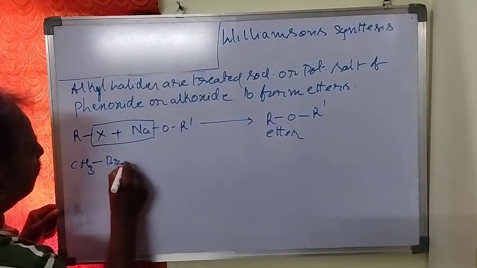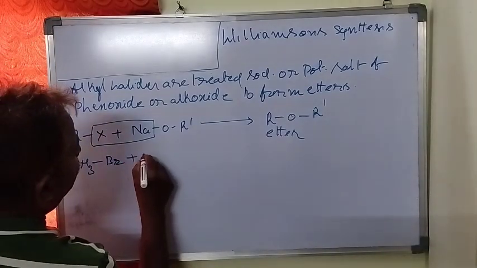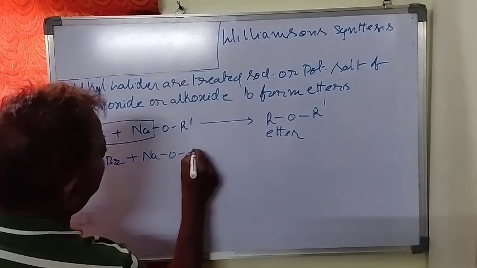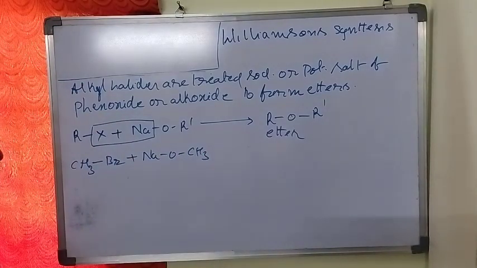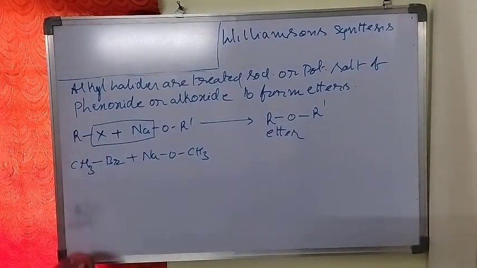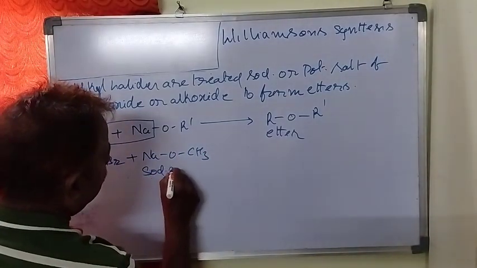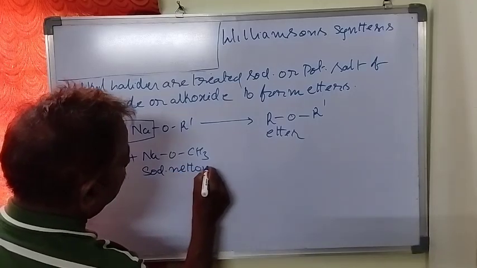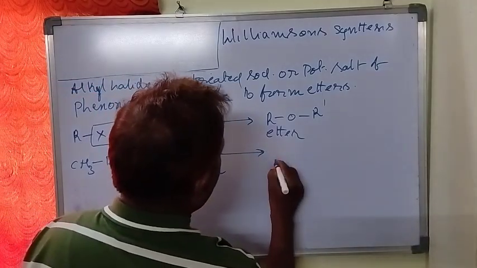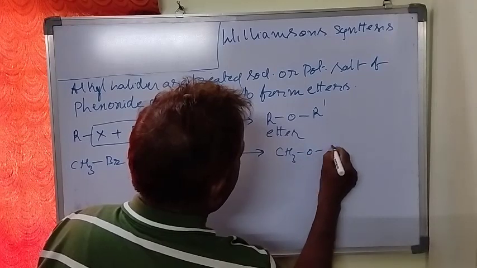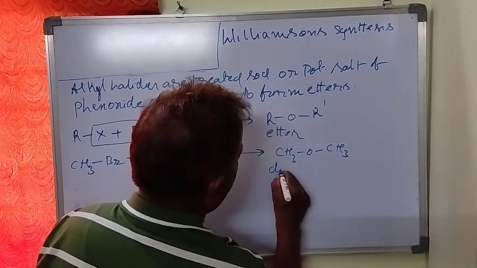Now let us take different examples. CH3Br, methyl bromide, plus sodium methoxide. We get CH3OCH3. This is dimethyl ether.